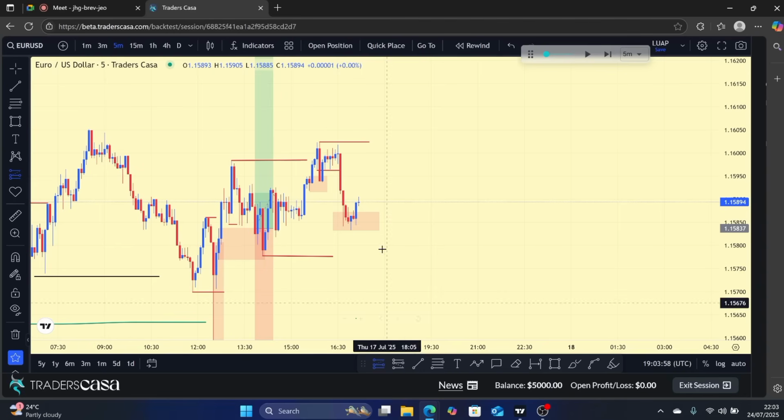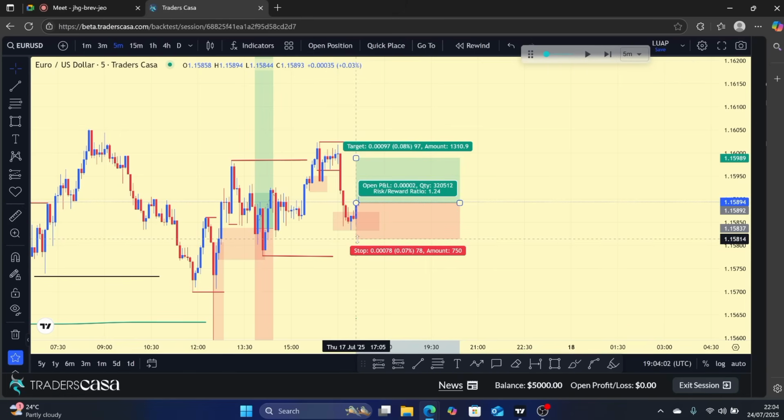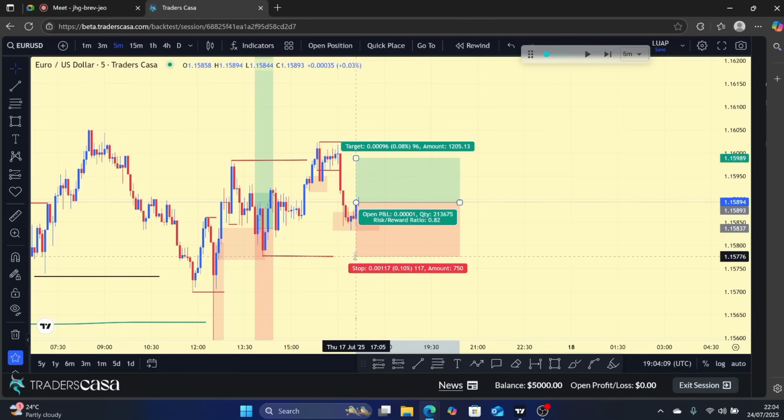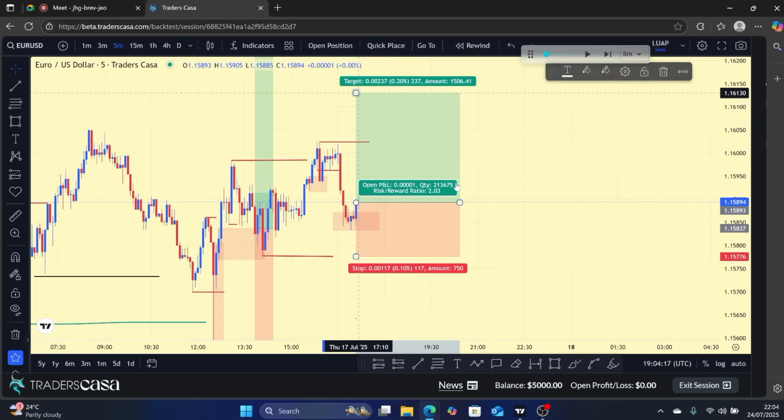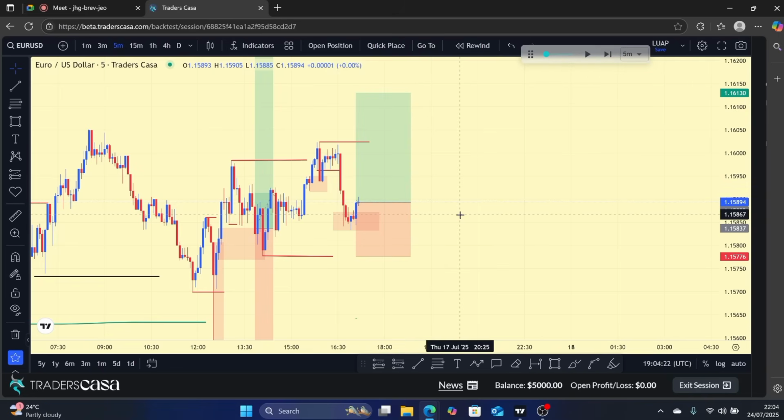I know the aggressive traders will be placing their stop loss below there, but that's not recommended. I know it can work, but actually just place your stop loss at a safer place. Be conservative, just be conservative. Right, so exactly right here. And by the way, this is something else.